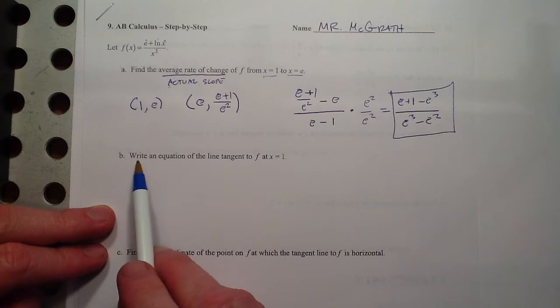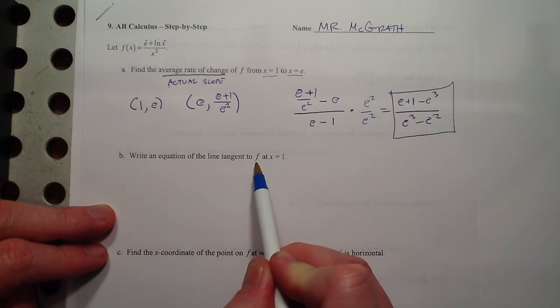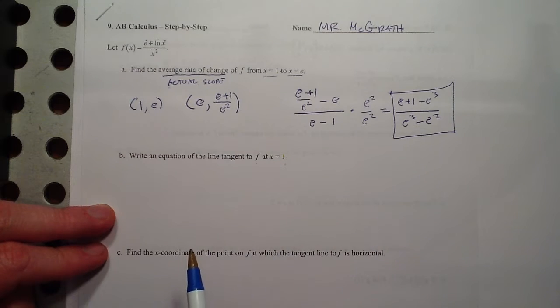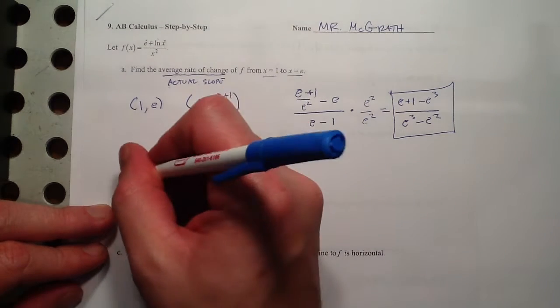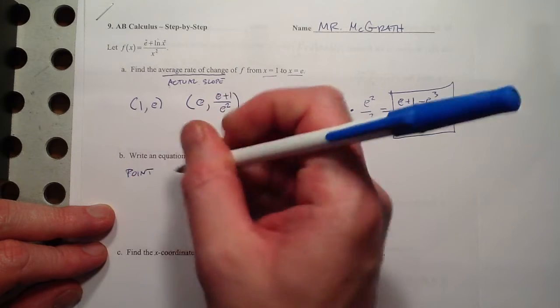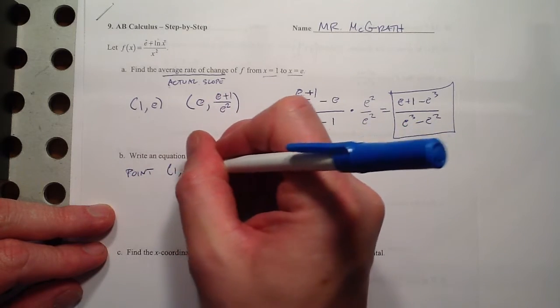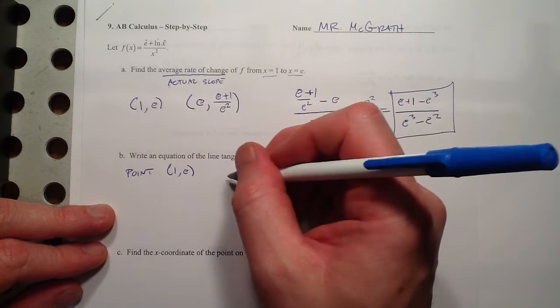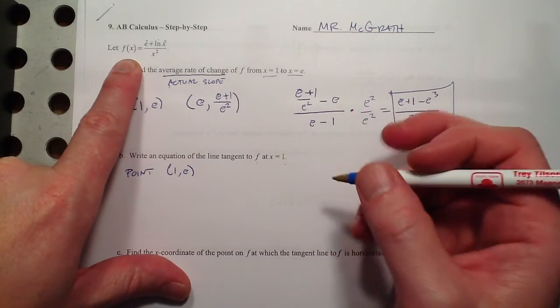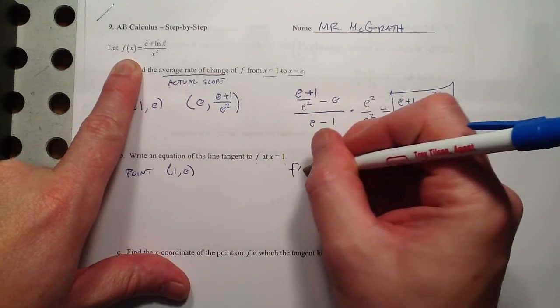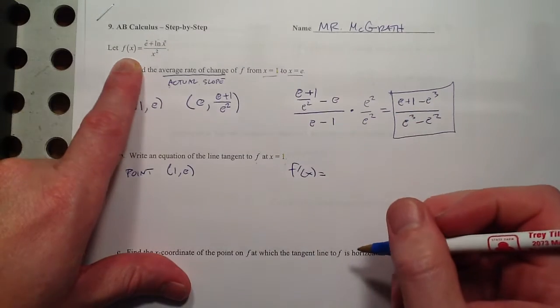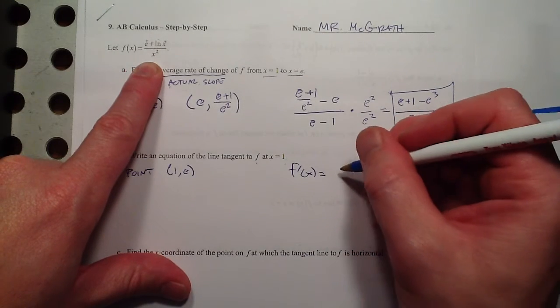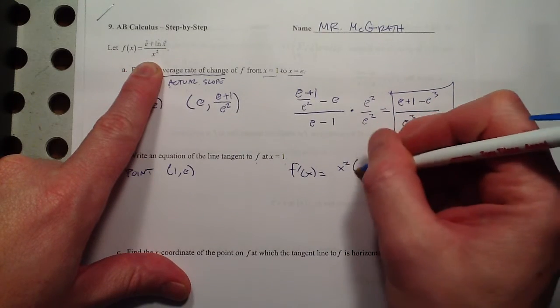Okay, write an equation of the tangent line to f at x equals 1. Well, at x equals 1, we've already got the point from part A: 1 comma e. So we need slope, and to find slope, we have to take the derivative. So f prime of x would be, using the quotient rule, low d high.